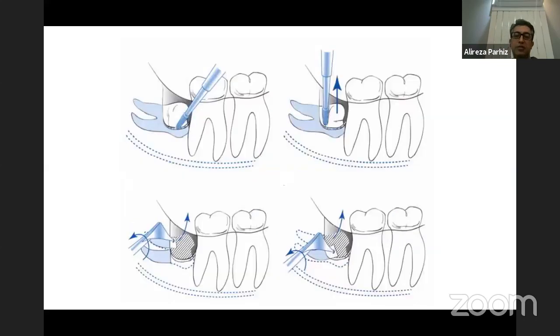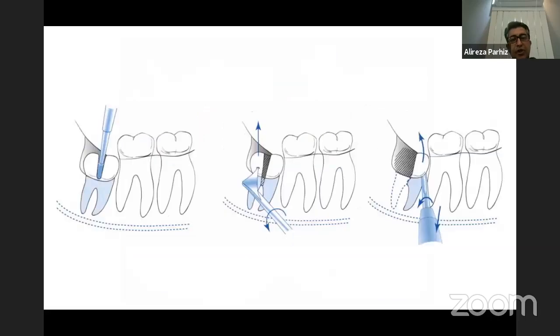In the horizontal impacted tooth, again, we have to remove the bone to expose the whole crown, and we have two kinds of dental cut. First of all, a vertical cut to remove the crown completely, and then we have another cut horizontally to separate the roots, and then we remove the roots one by one.